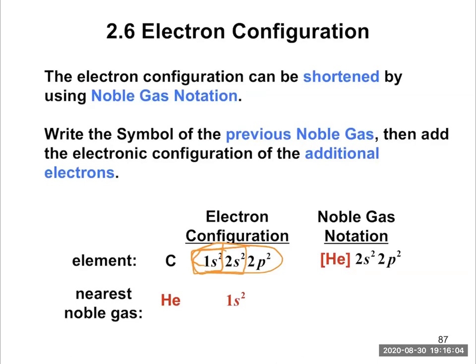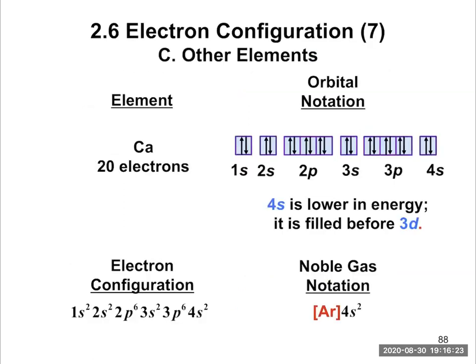So instead of writing 1s2, we write the noble gas before it, and then we write the rest. So this is still carbon, but we didn't write 1s2, we just put helium. It helps with the big elements that have a lot of electrons. It makes it easier instead of writing long notations.